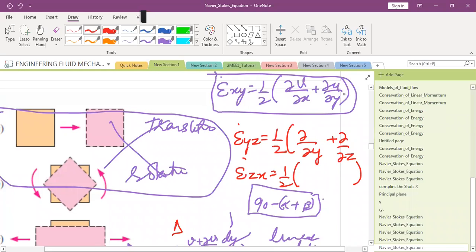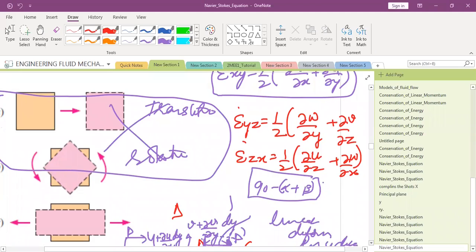And you have opposite velocities here, so here it should be w and v. What about here? Z and x. Here should be u and here should be w. Is that clear? Any doubts to anyone? Yes sir. Yes, tell me, one minute.